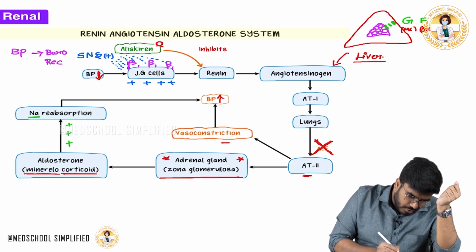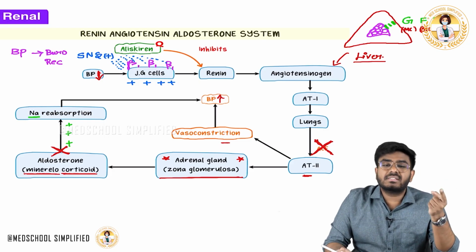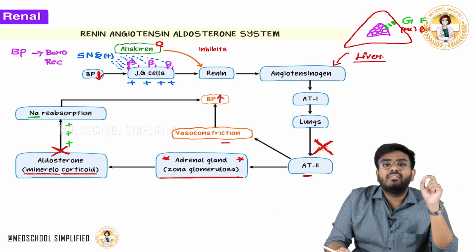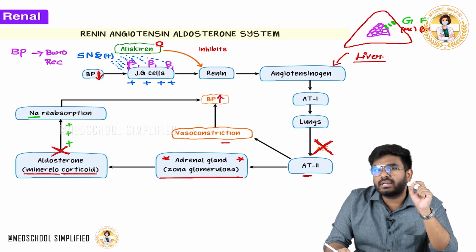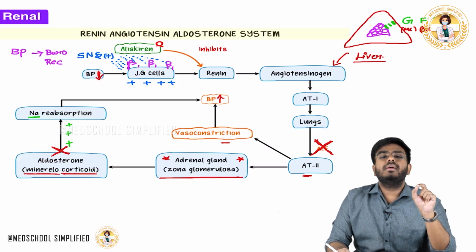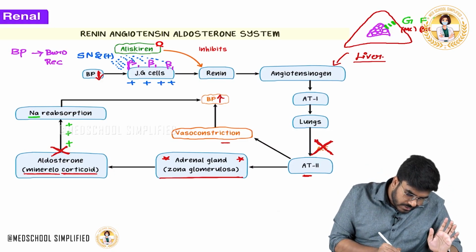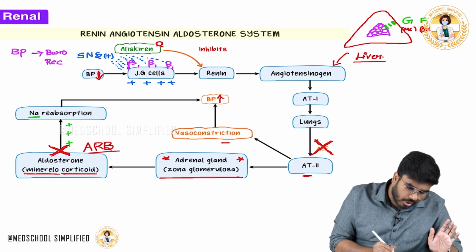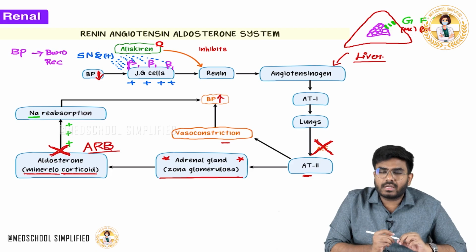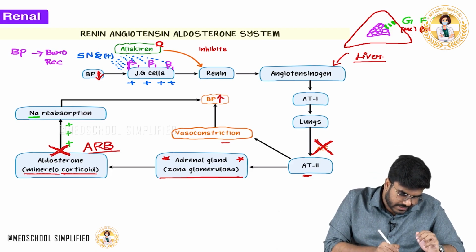Aldosterone helps in sodium reabsorption by acting on its receptors in the nephron. Aldosterone has intracytoplasmic receptors, but anyway, aldosterone acting on its receptor helps in sodium reabsorption. But if you give drugs like receptor blockers, ARBs, the sartans, like candesartan, valsartan.